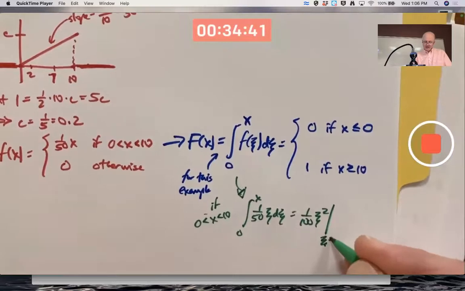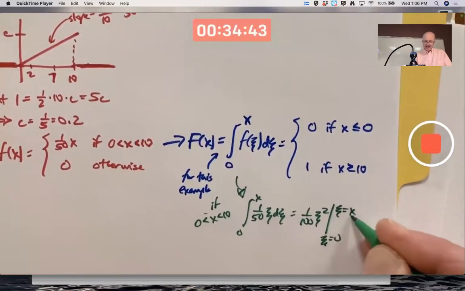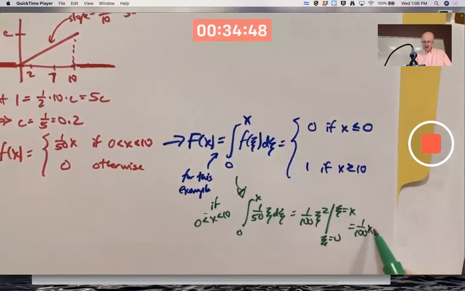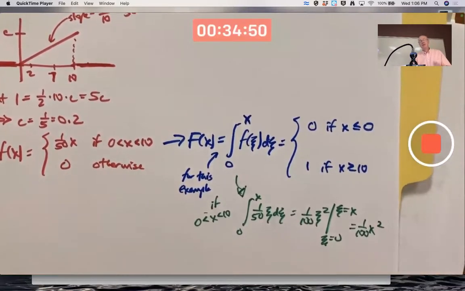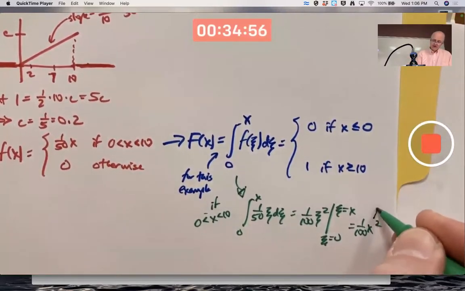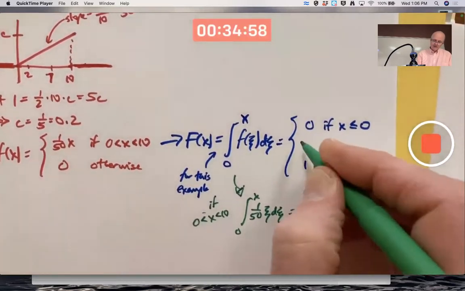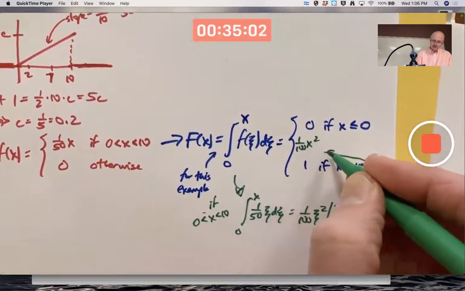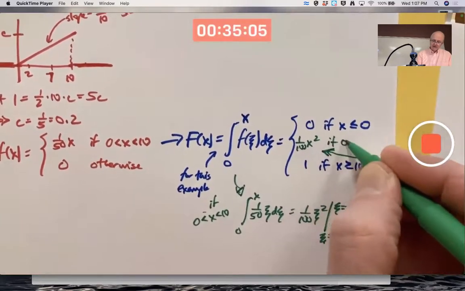Squiggle goes from 0 to x, and that will give me 1/100th x squared minus 1/100th 0 squared. 0 squared is 0, of course, and so it simplifies to just 1/100th x squared if x is between 0 and 10.